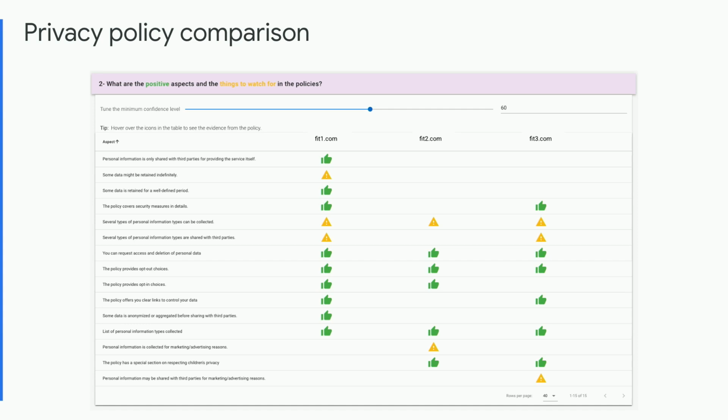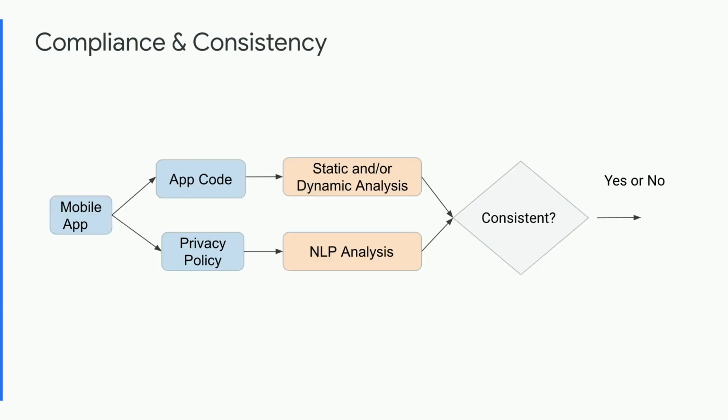But I would love it if somebody went to Consumer Reports and told them to try to do stuff like that. It would make it so much easier for users who don't read privacy policies, but could do a quick comparison. So one of the most important uses of all this privacy policy analysis is to help you figure out, is my code doing what my policy says? Okay.